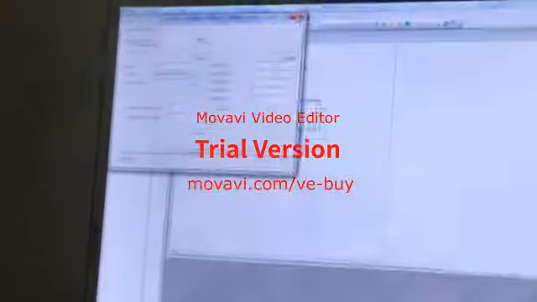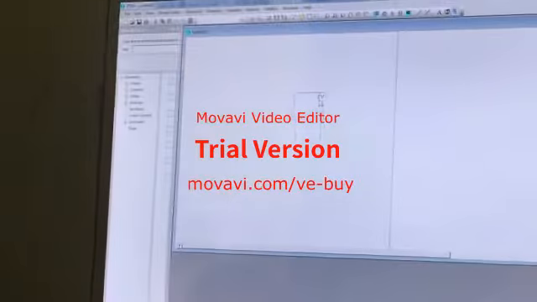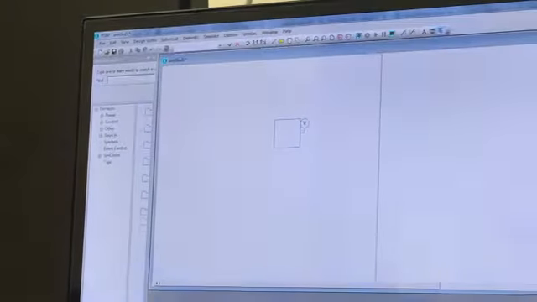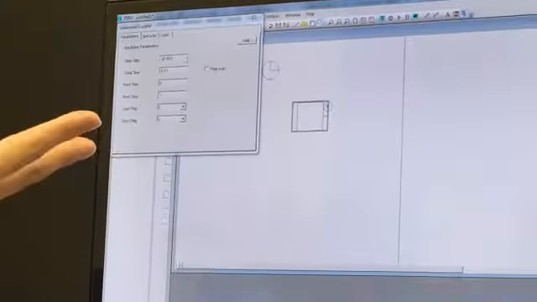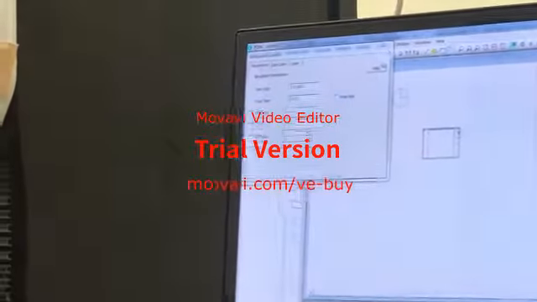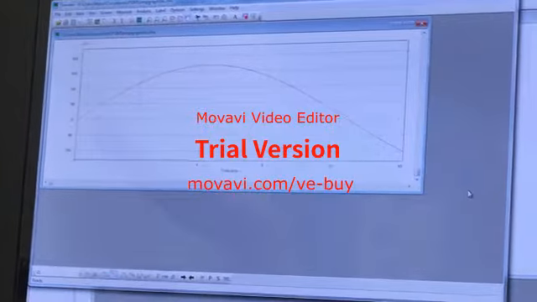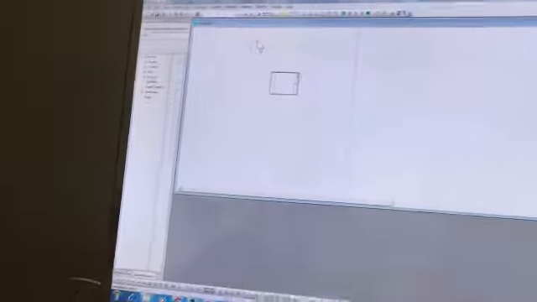Okay, looking good. Alright, so let's put a voltage here. Simulation control. Total time 0.01 seconds with this no time step thing. Looks good. We run the simulation. Okay. Let's increase the time. 1 second.